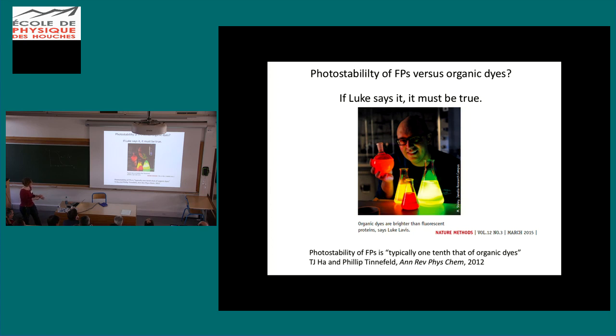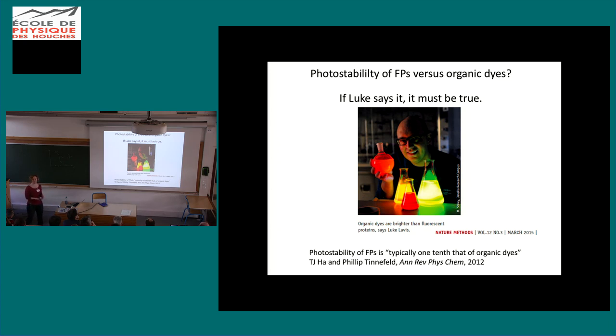Okay. We talked yesterday or a couple of days ago about photostability of fluorescent proteins versus organic dyes. I happened upon this and I loved it because it just says right here, organic dyes are brighter than fluorescent proteins, says Luke Lavis. Okay, but I also found evidence from one of our other speakers. In this review here, Philip Tinnefeld's, there's a statement that the photostability of fluorescent proteins is typically about 1/10 that of organic dyes.